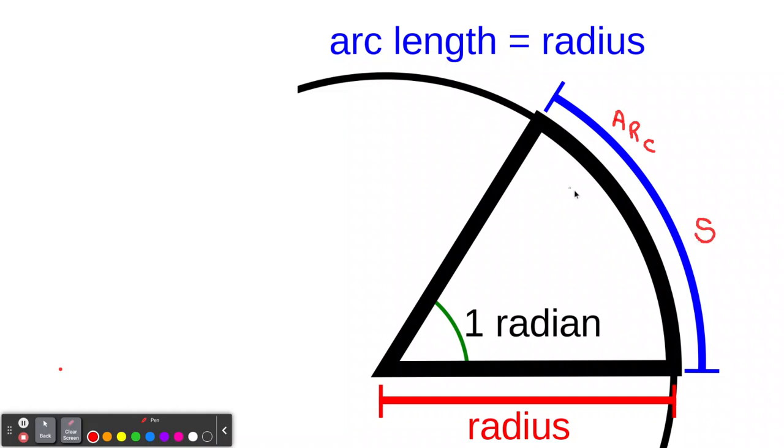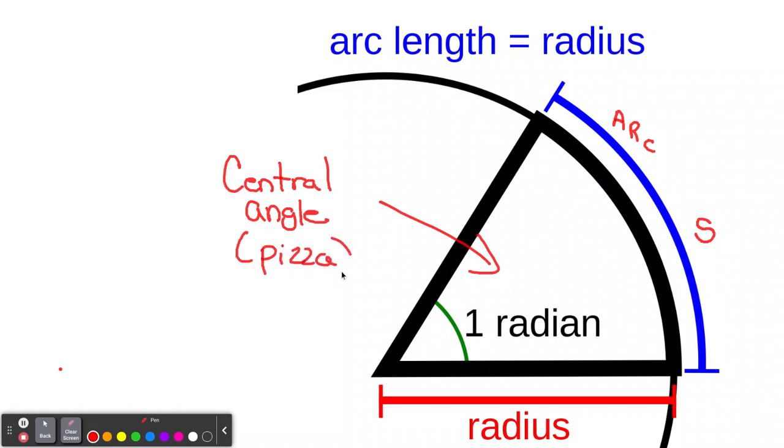You can think of it as the crust of a pizza, because this right here is a central angle. It's a slice of pizza, if you want to think of it that way. And this is the angle theta, that Greek letter theta.